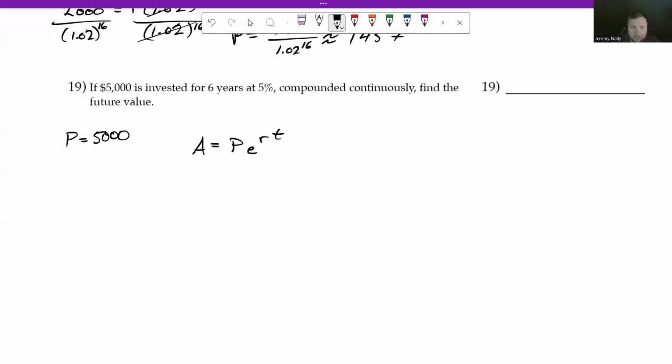That's what's being invested. My interest rate is 5%. So that's 0.05. My t is 6 years. So I have 5,000 times e to the 0.05 times 6. And this is pretty much a calculator plug and chug type question.